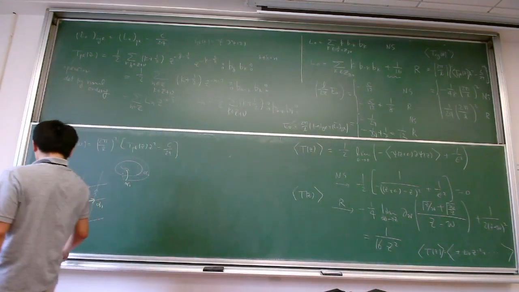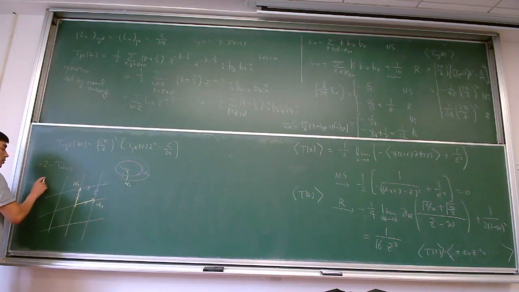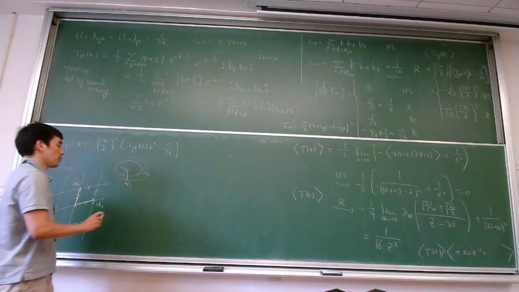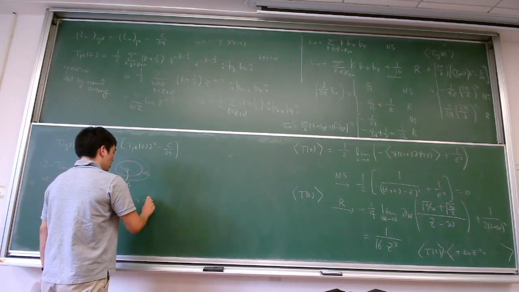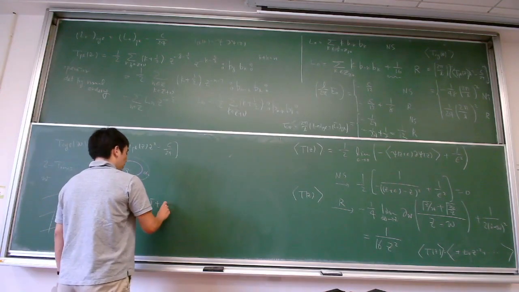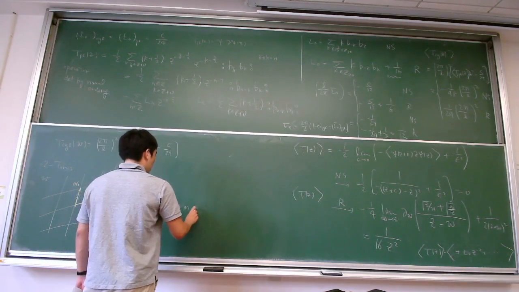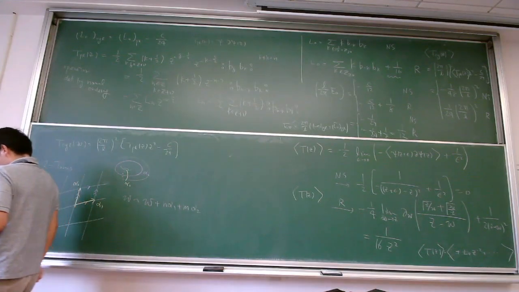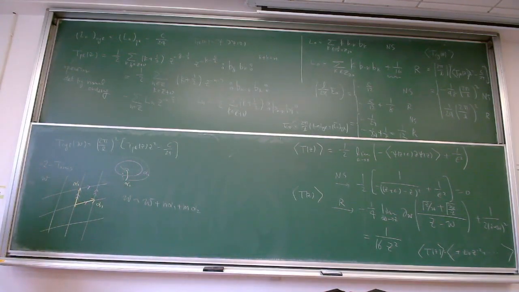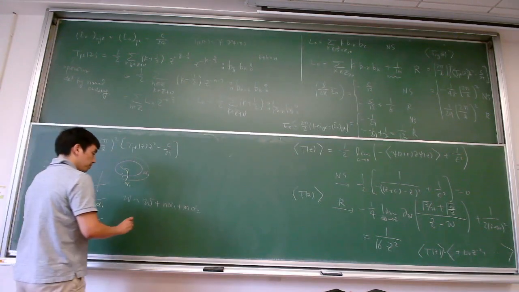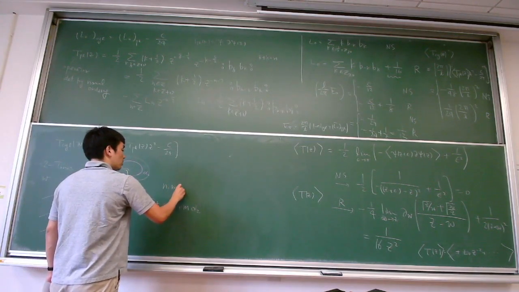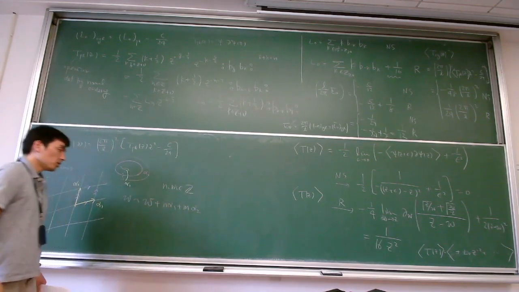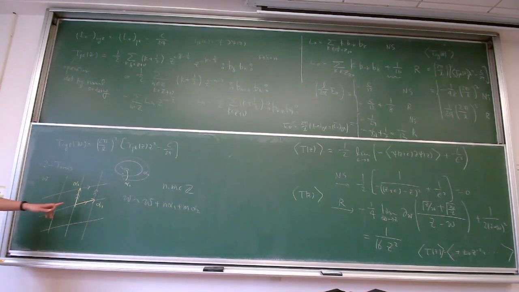Now, the coordinate is w, and w is identified with w plus n alpha 1 plus m alpha 2, where n and m are integers. So it's a lattice. Alpha 1, alpha 2 define the lattice.